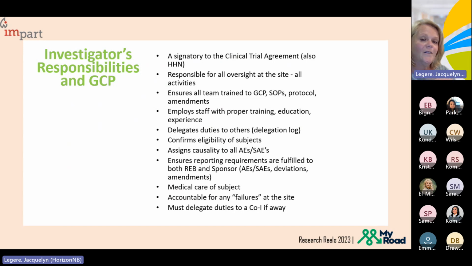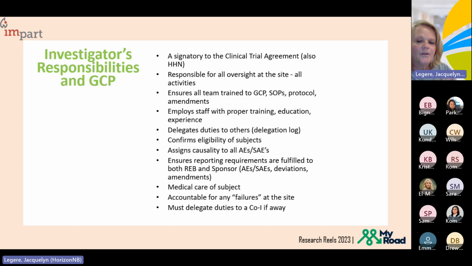And so we actually had to go to NANB, the Nurses Association of New Brunswick, and get a statement to say that nurses are qualified to do that, that it's within their scope of practice. So you have to stay within your scope of practice. You have to get research training on good clinical practices, and you have to maintain a training file for each one of your members within your team.